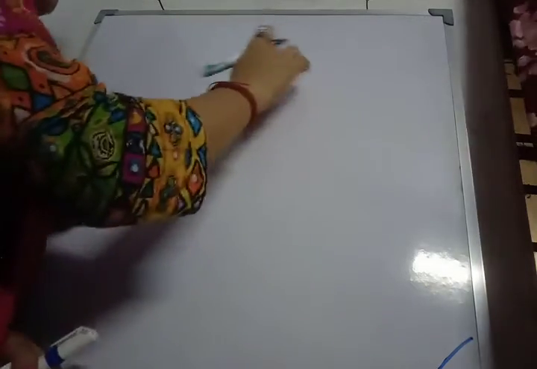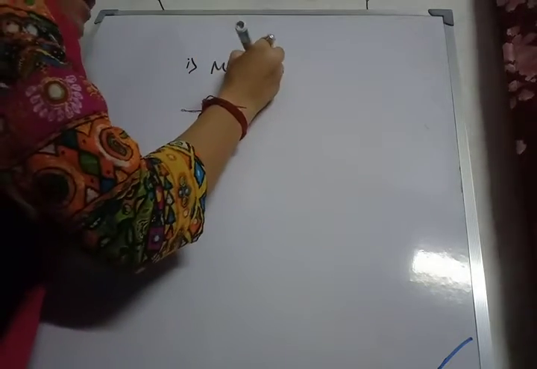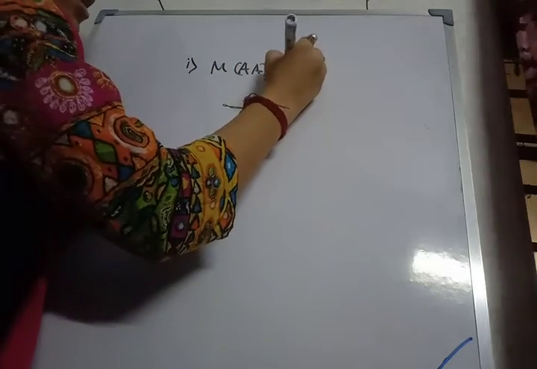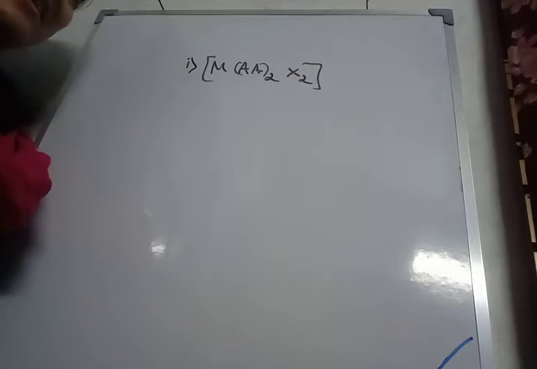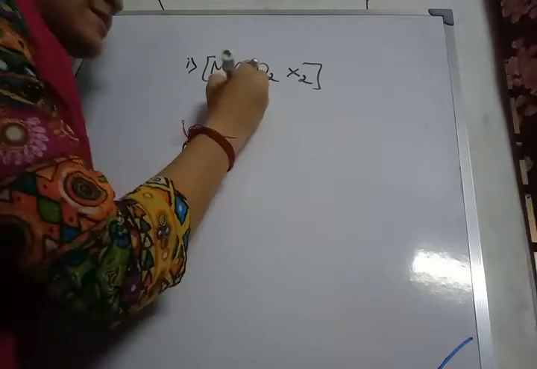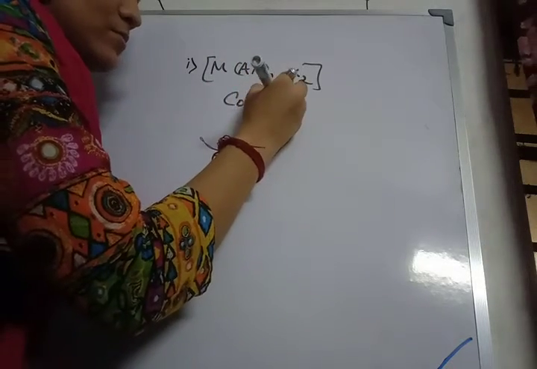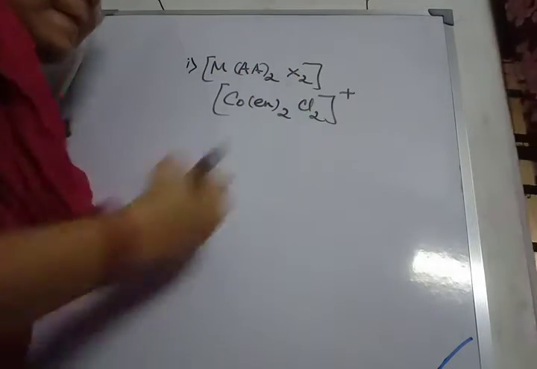So the first type under optical isomerism in octahedral complexes is MAA2X2, where M is the metal, AA represents a symmetrical bidentate ligand, and X is a monodentate ligand, whether anionic or neutral. Example, Co(en)2Cl2, overall charge positive.